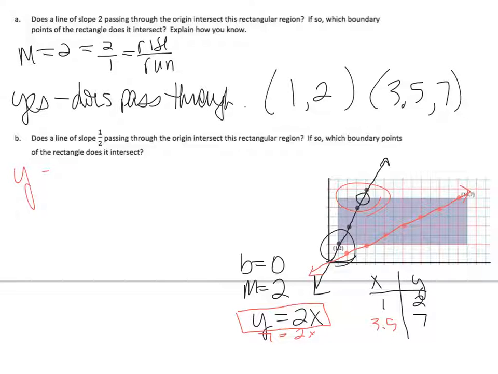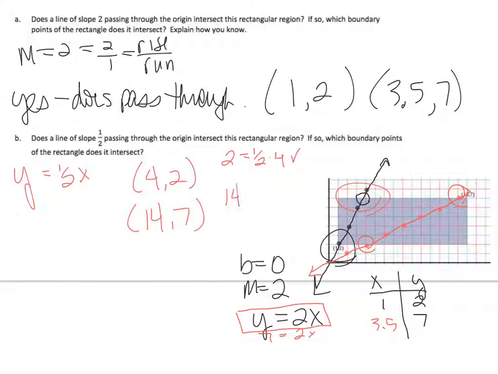This line is y equals 1/2 x. It definitely intersects right here, which is over 4, up 2. I can plug that into the equation to make sure. So we have 2 equals 1/2 times 4. Yep, we're good. Then the point up here is over 14 up 7, which also works in the equation. 7 equals 1/2 times 14.